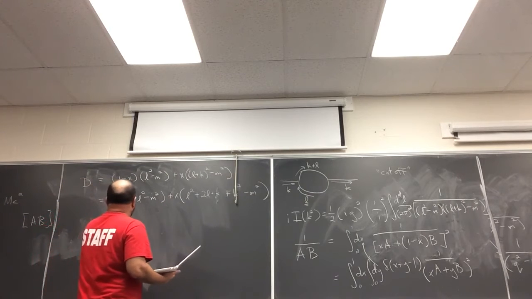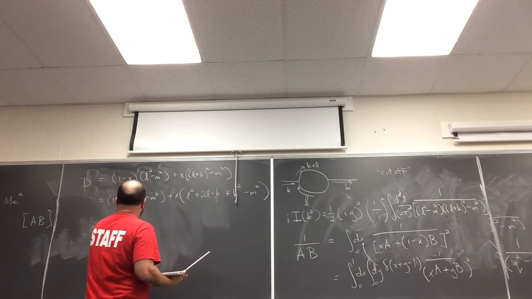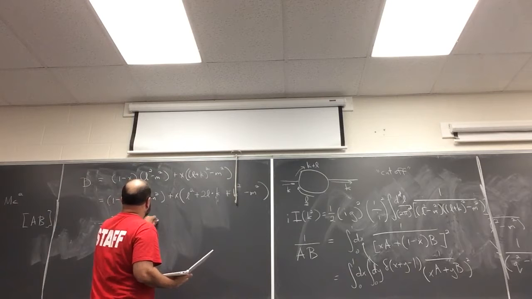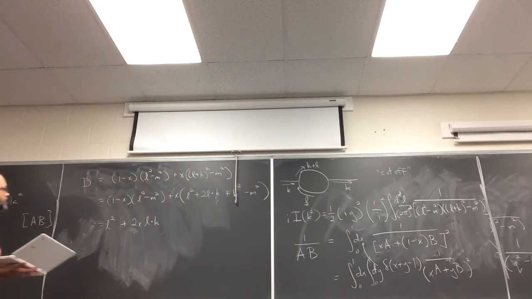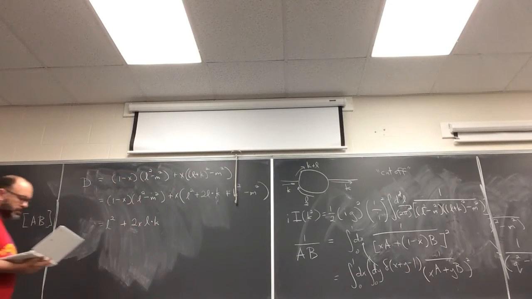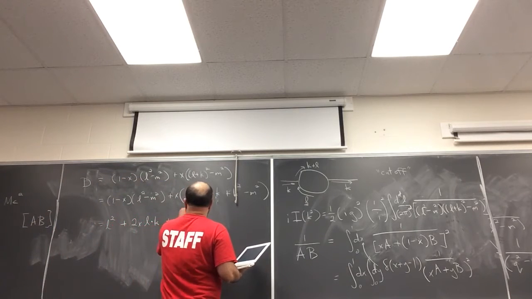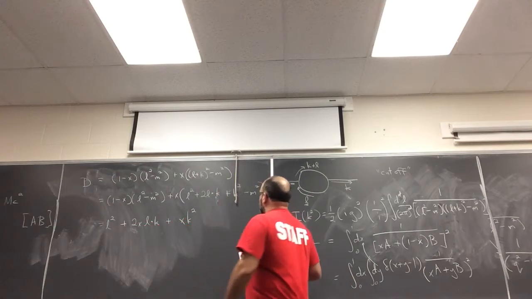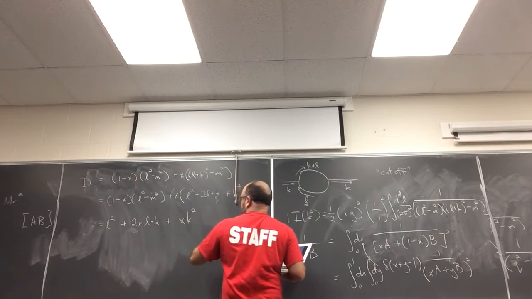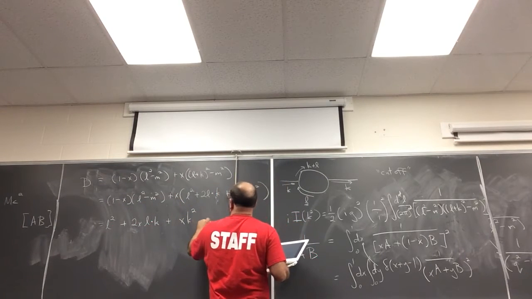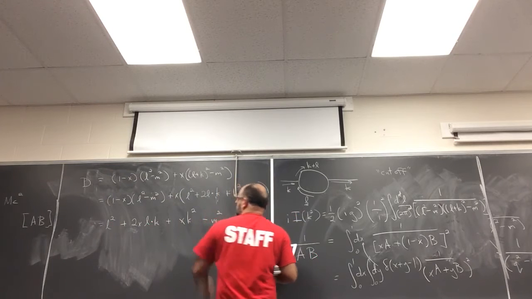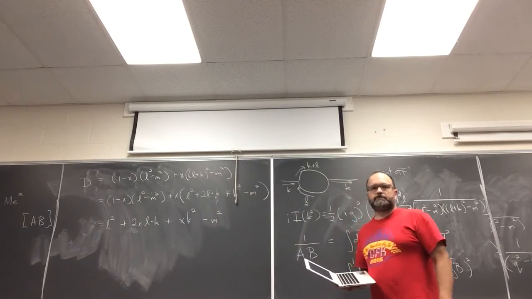And what do I have left? At first order, I've got 2x L dot k, and then x k squared. And again, with the m squared, the x cancels out that minus x, so I'm left with minus m squared. Is that good?